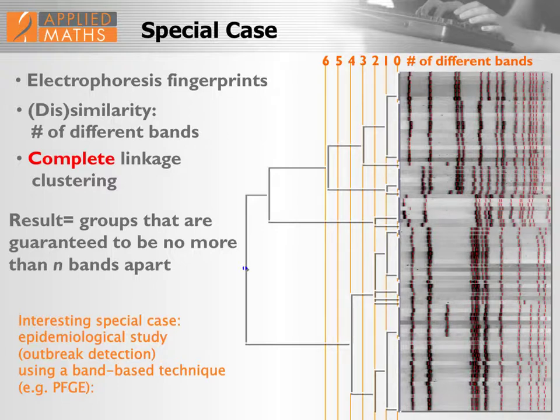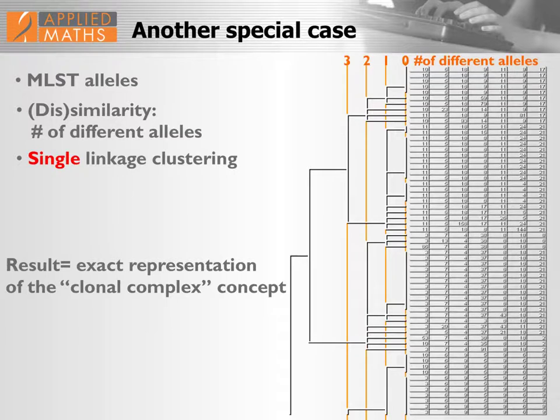So these 2 groups, so this whole cluster, they are just 1 band, maximum 1 band apart. So this, in outbreak detection, for example, can be very useful, which is something you cannot see with UPGMA.